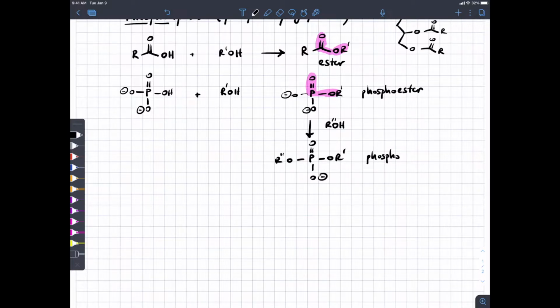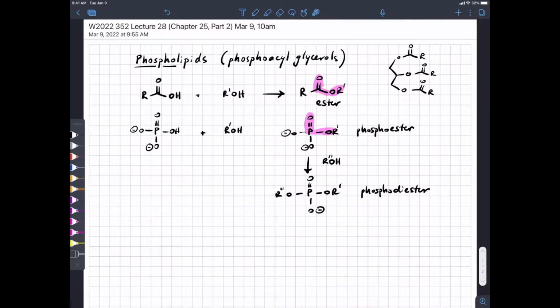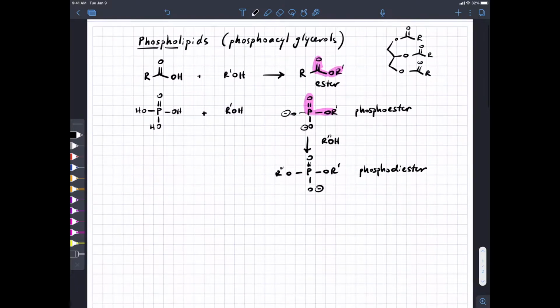This is important in the structure of phospholipids and also is important in DNA. But the idea between both phosphoesters and phosphodiesters is that you've replaced some of the original OH groups of phosphoric acid with alcohols. Okay? So we're going to see a phosphodiester in phospholipids.